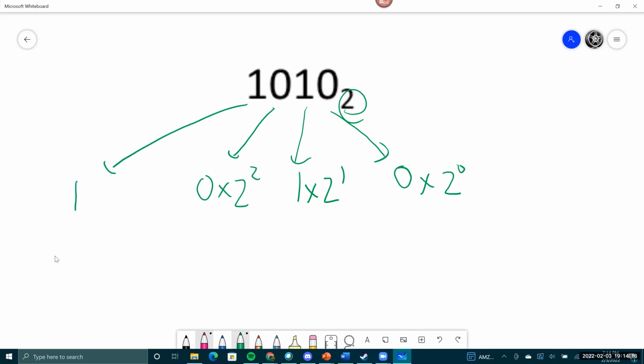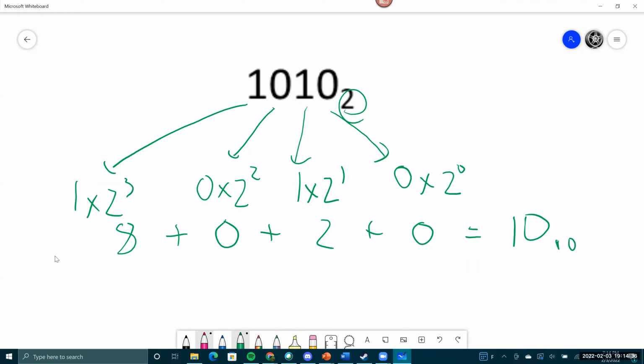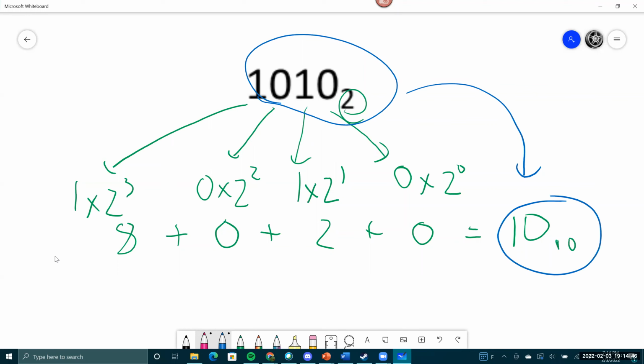And this is 1 times 2 to the 3rd. Once we do this, this will be 0 plus 2 plus 0 plus 8, which gives me 10. My number base is 10, so this tells me that this number at the top has this value in base 10. Again, this is how you arrive at the base 10 value of any number.